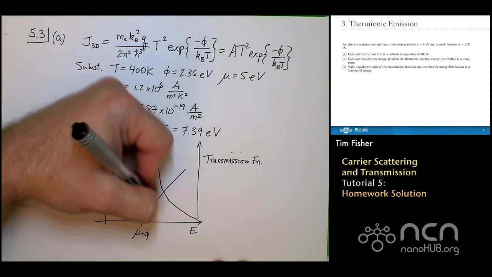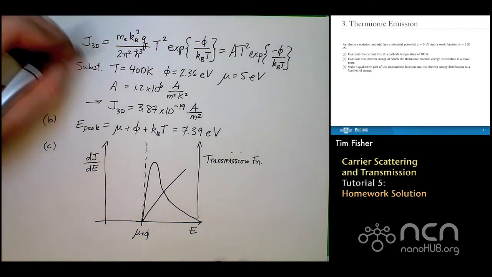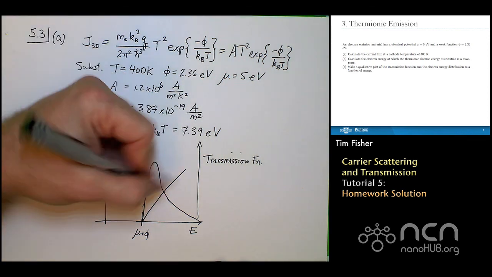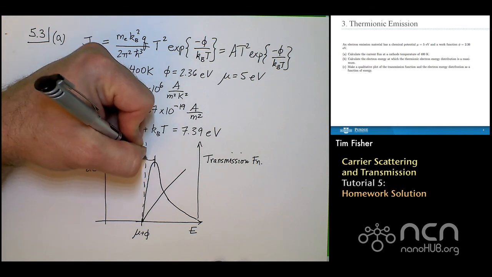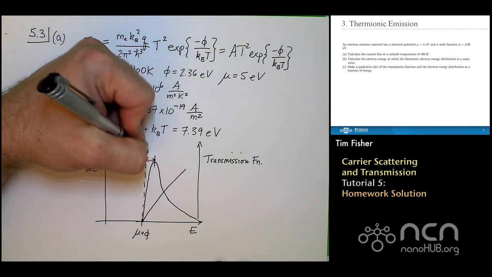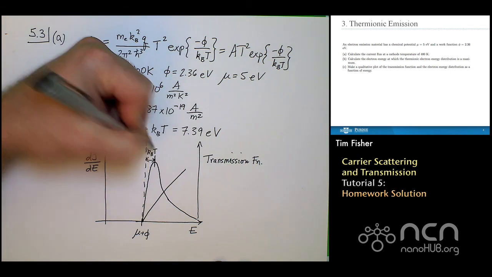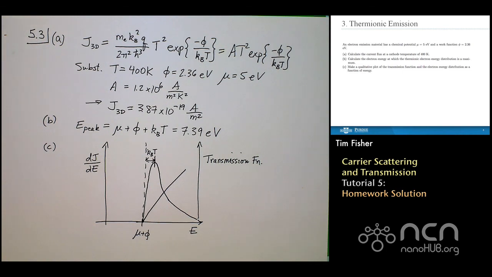And this is really the tail. The tail that I just drew is the tail of the Fermi-Dirac distribution, more or less. It's weighted by that transmission function. And from part B, this distance between the peak of the electron energy distribution and the level of the work function, that's kBT. All right, that's it for this problem.